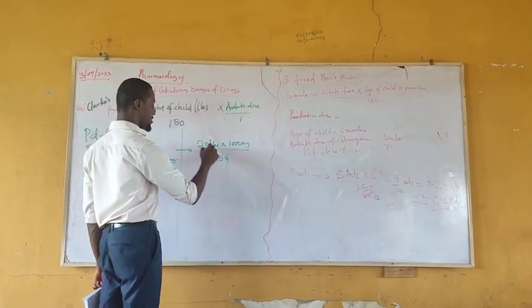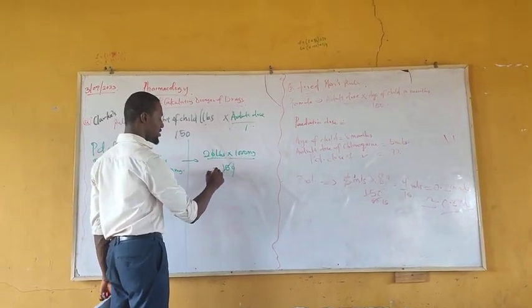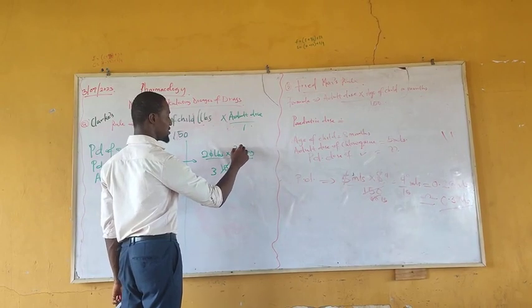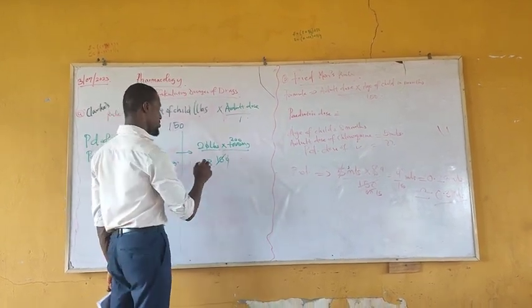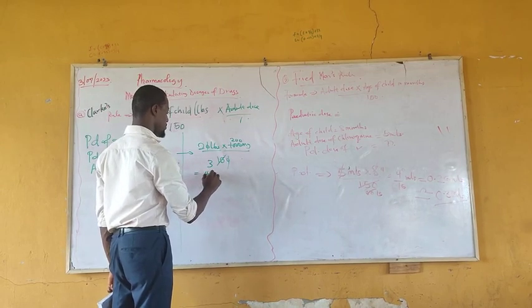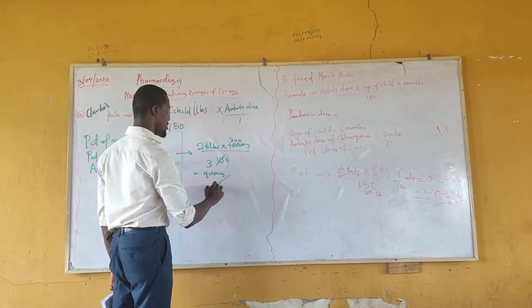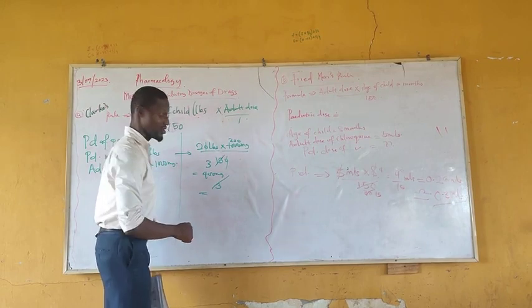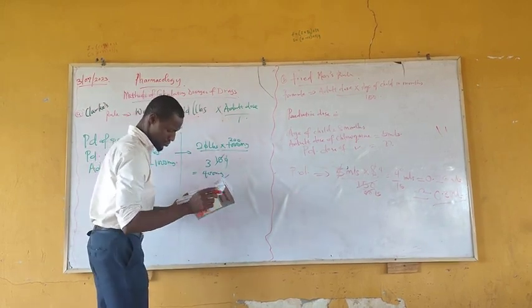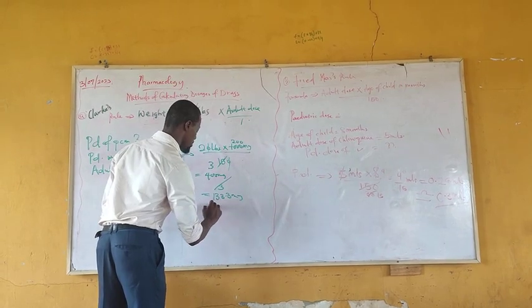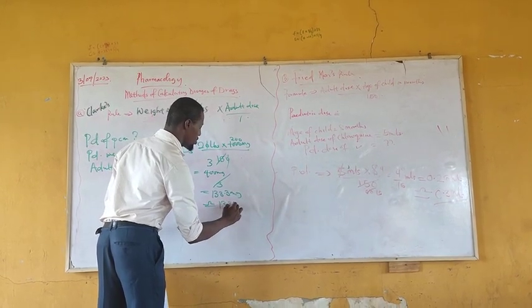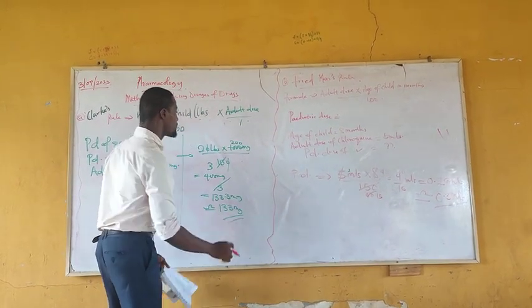We have 400 milligrams over 3. That should be 133. So 133.3 milligrams. Approximately, the child should be given 133 milligrams.